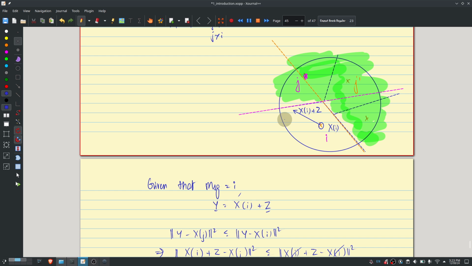As long as x of I plus z is below this particular pink hyperplane, you're not in error. If it is above the pink hyperplane, then you are in error.